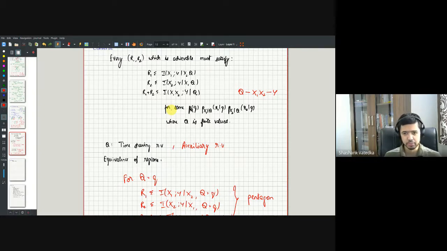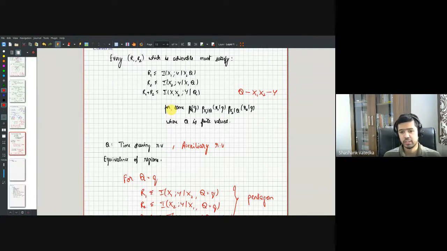That's easy to compute. But as soon as you go to multi-user channels, even verifying whether a particular rate pair is achievable or not is not an easy task, right? Because now it is not enough to just compute one number. The set of achievable rate pairs forms some convex region, and you need to verify whether a particular R1, R2 lies in that region or not.